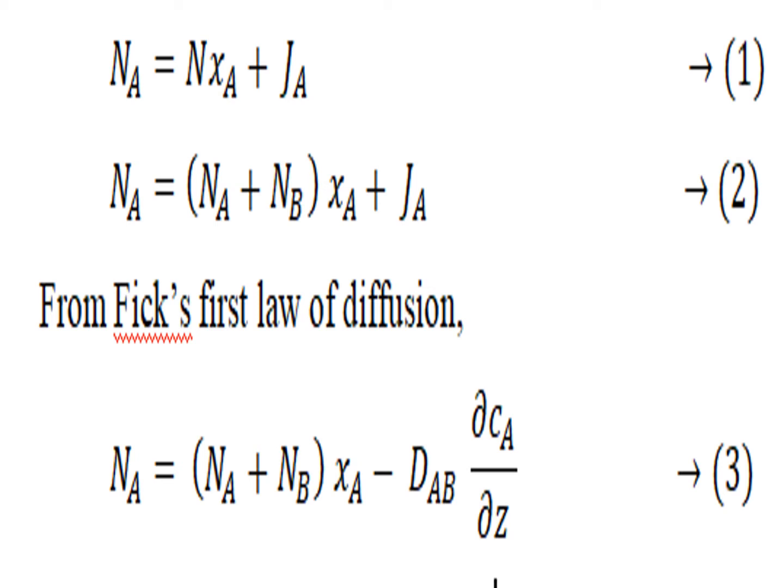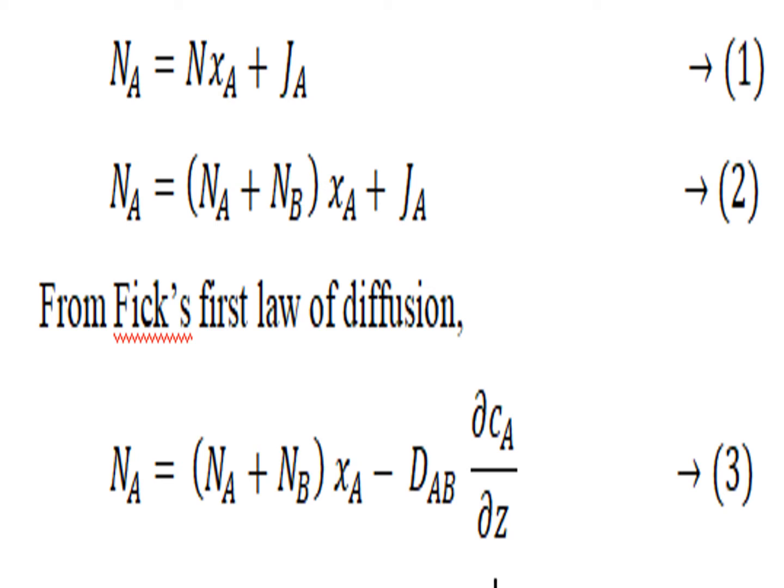This is the first expression. So here Na is equal to, what is N? In this derivation also we will consider the two gases as capital A and B. So here capital N is replaced by Na plus Nb into Xa plus Ja.